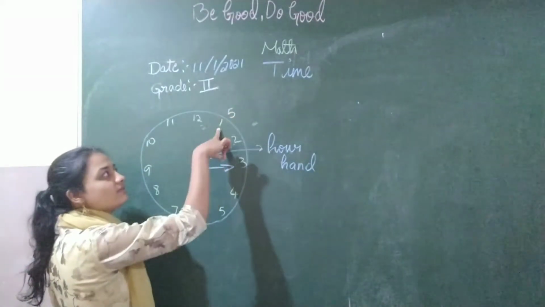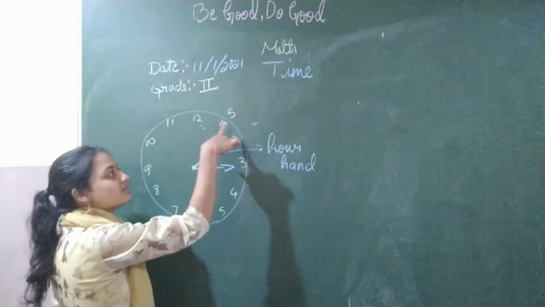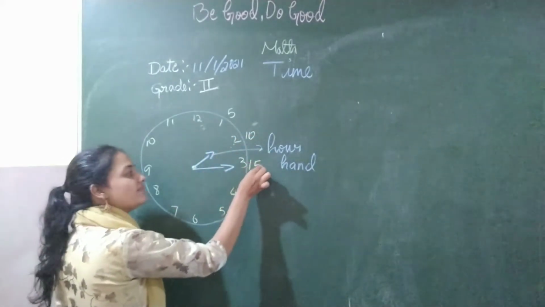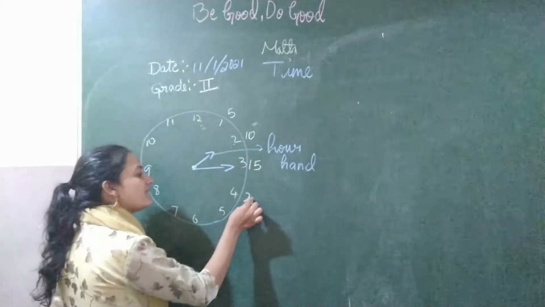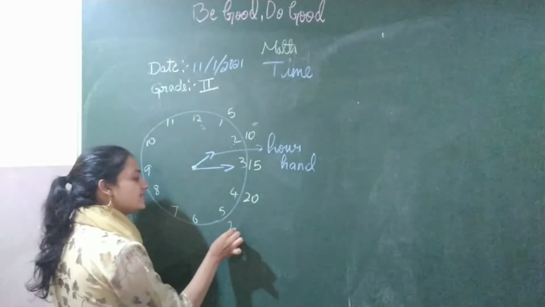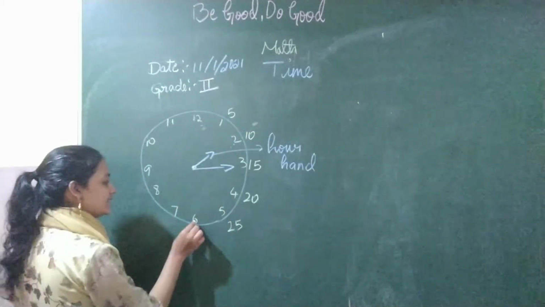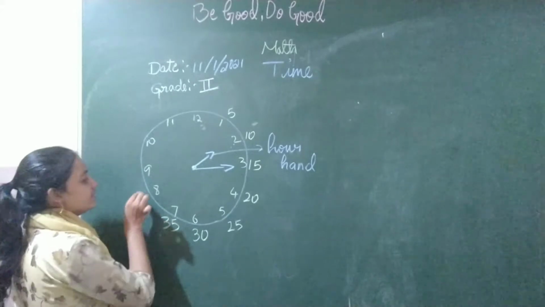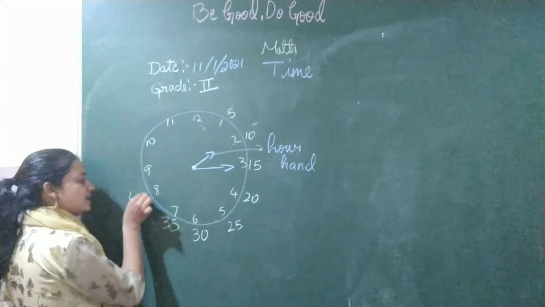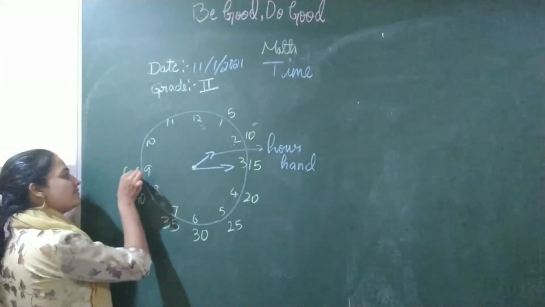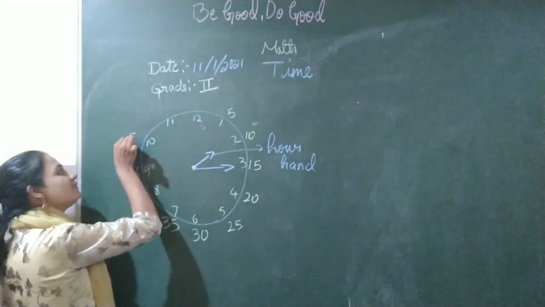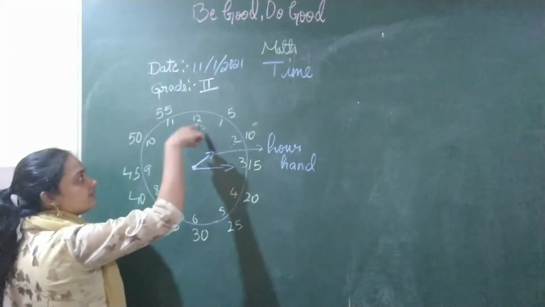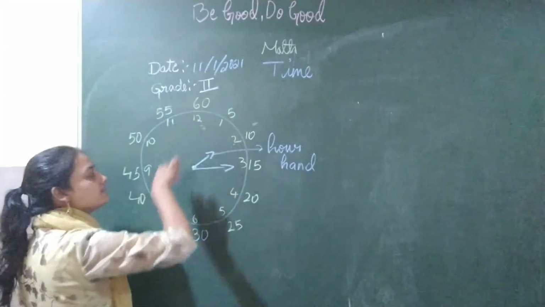So, write 5 where you see 1. 2 is 5 twos are 10, 5 threes are 15, 5 fours are 20, 5 fives are 25, 5 sixes are 30, 5 sevens are 35, 5 eights are 40, 5 nines are 45, 5 tens are 50, 5 elevens are 55, 5 twelves are 60.